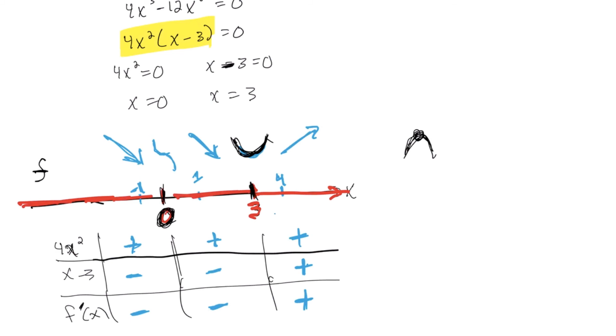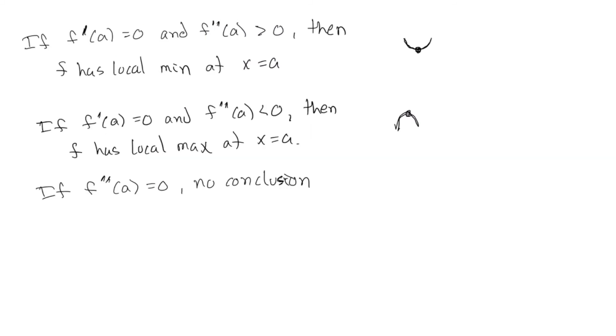I could take the critical point of x equals 3, determine that the second derivative is positive. So that means we have concave up and a minimum at that point. And then again, out at this place here, let's pretend it was x equals 7. I could find the critical point, x equals 7, plug it into the second derivative. In this case, I would see the second derivative is negative, the function's concave down, and we have a local maximum at that point.